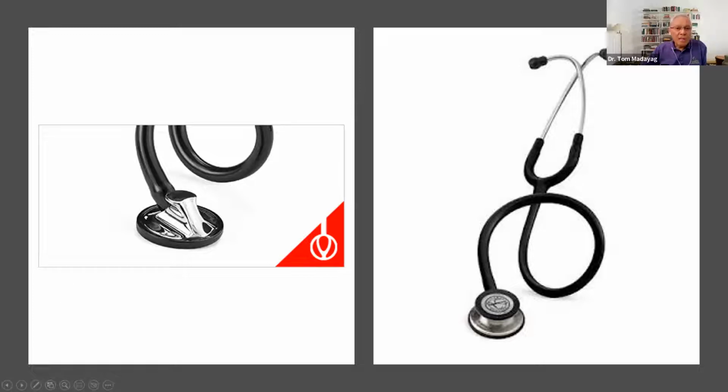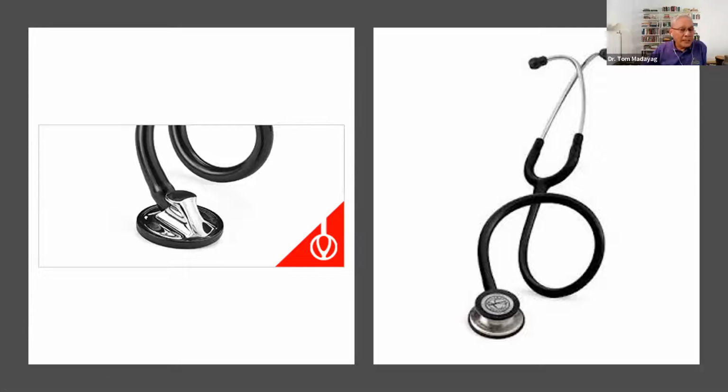Now, on some models, these are on opposite sides, requiring the chest piece to be rotated to switch between the two. And there's also another one that only has one particular component. It is both a diaphragm and a bell. When you press on it, it's going to be a diaphragm.